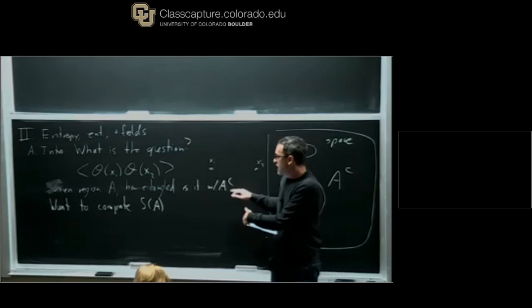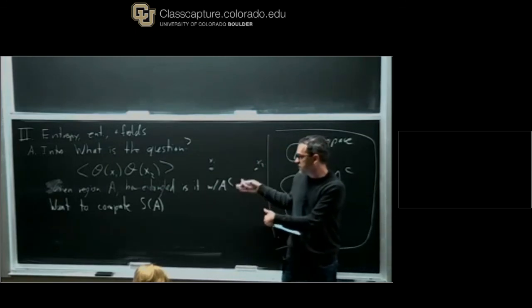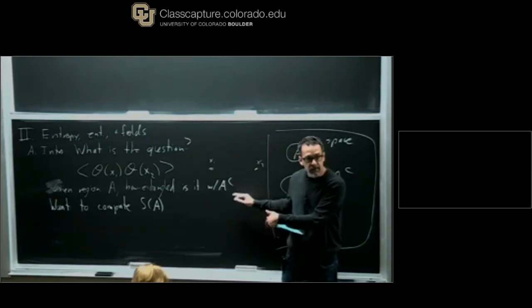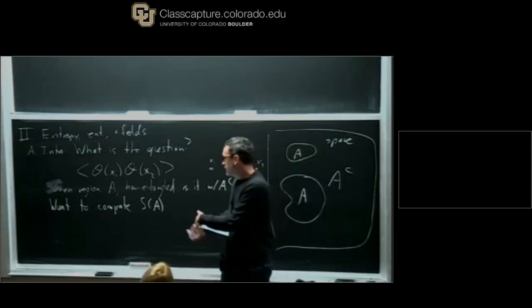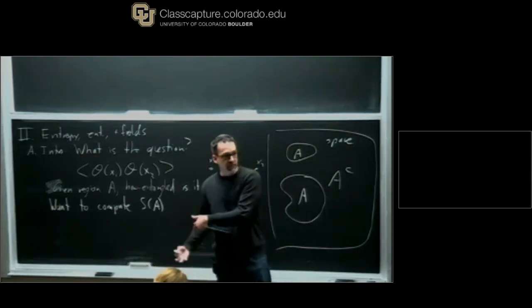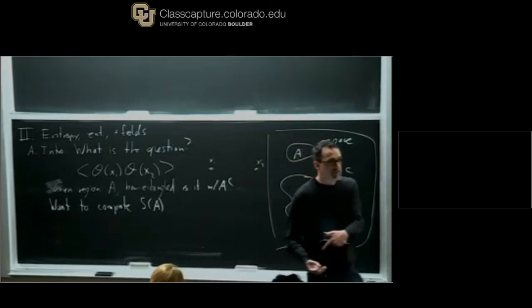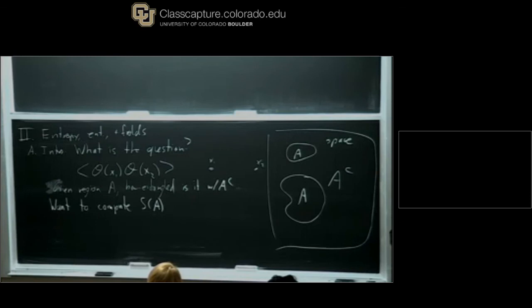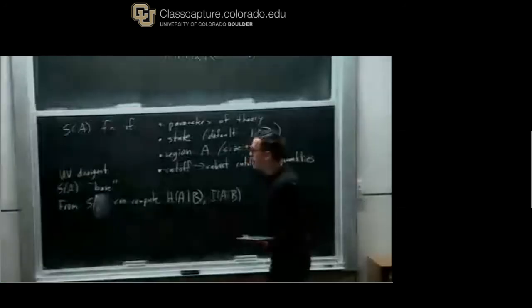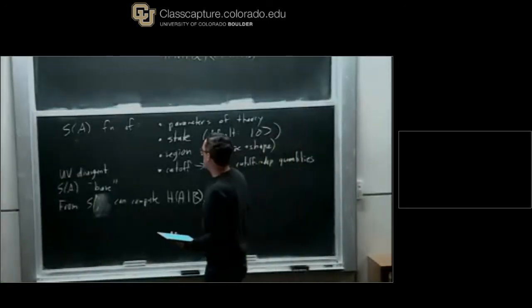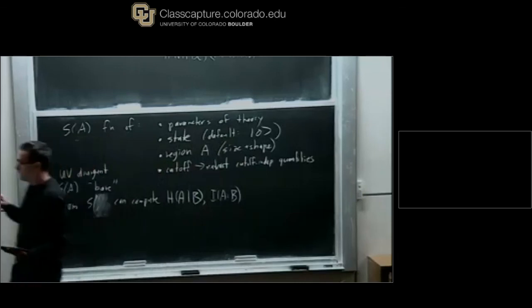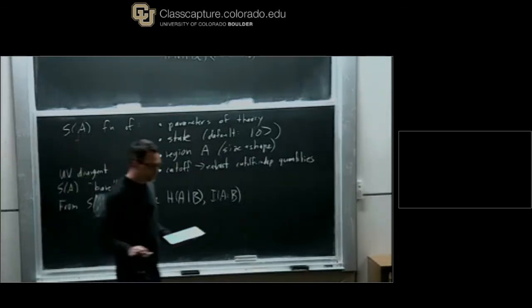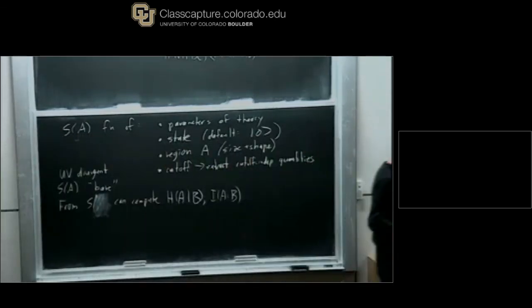So in that case, this is more of a motivational question, and then the concrete thing we're calculating is this. And of course, we would love to compute quantities which actually measure entanglement, and that's what people try to do with this logarithmic negativity and so on. And that's a whole interesting story that I'm not going to have time to discuss. So regardless of whether the state is pure or mixed, I'm still going to be interested in calculating S of A. Okay, let me just make that clear.